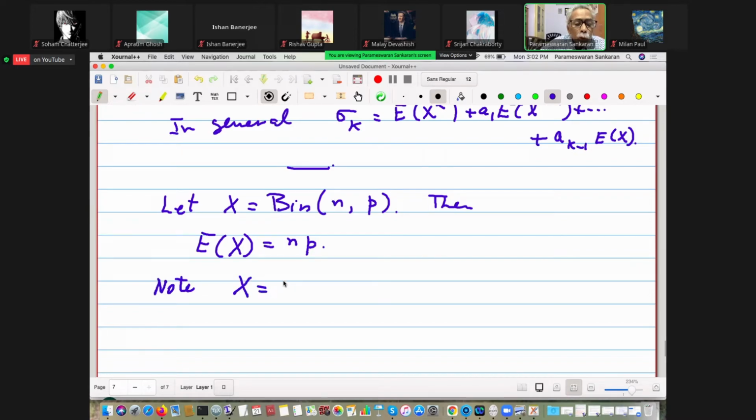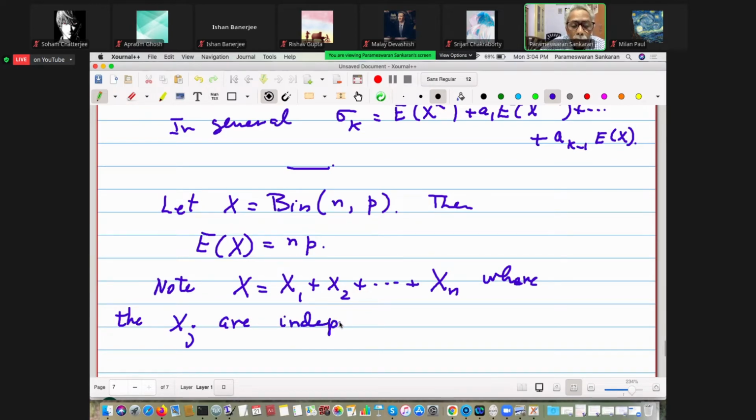So note x is equal to x1 plus x2 plus ... plus xn, where the xj are independent, identically distributed.